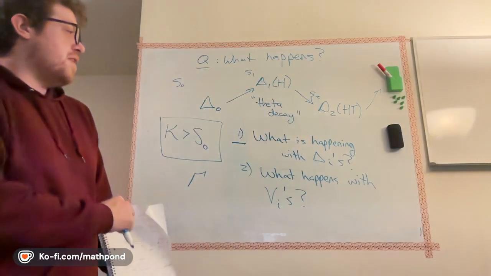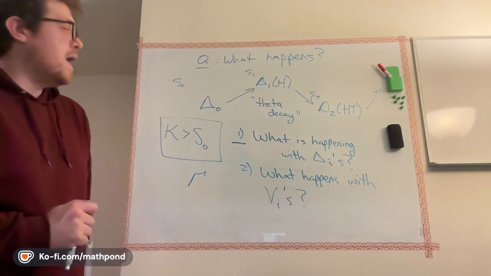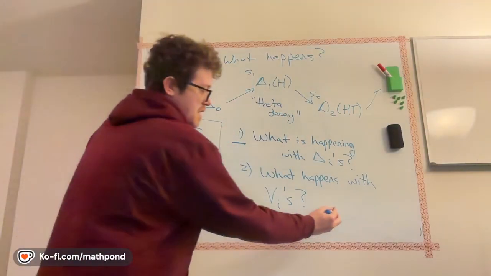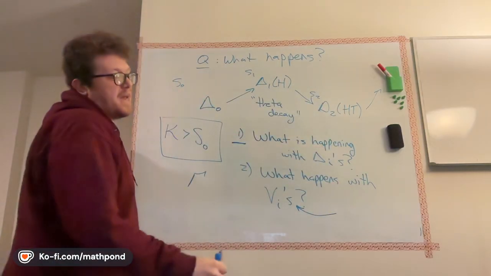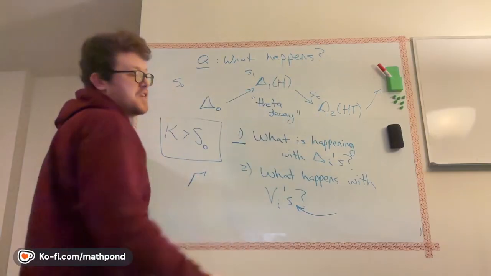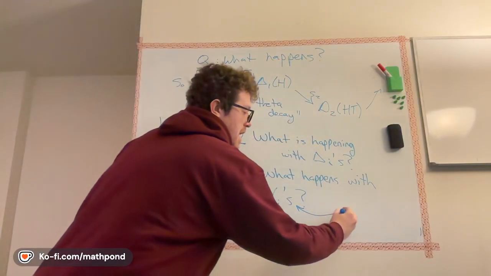Okay, and then what happens with the V's? That's what we were saying, basically. The V's, which is the price of the option over time, is going to decay. If the stock price never goes anywhere, there's going to be decay.